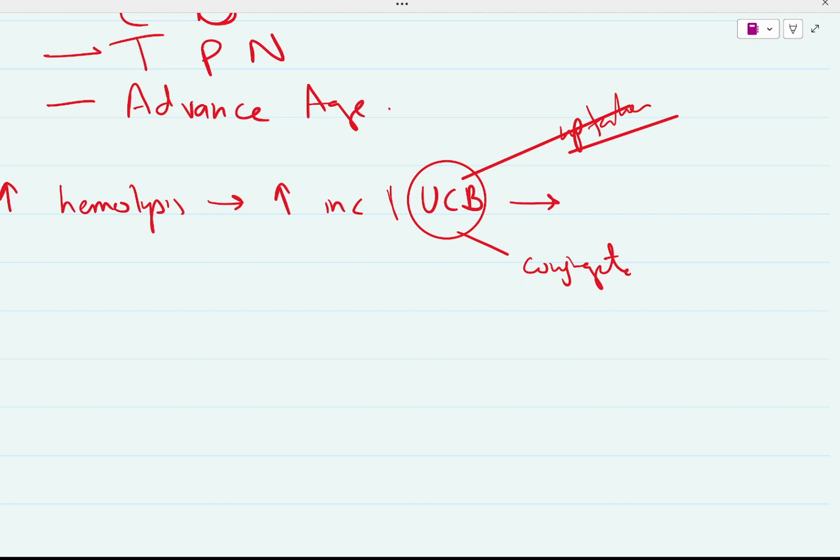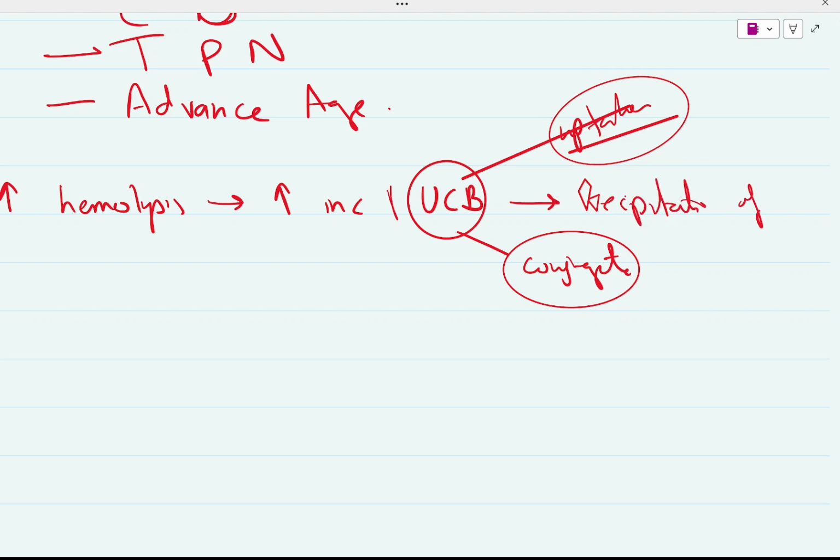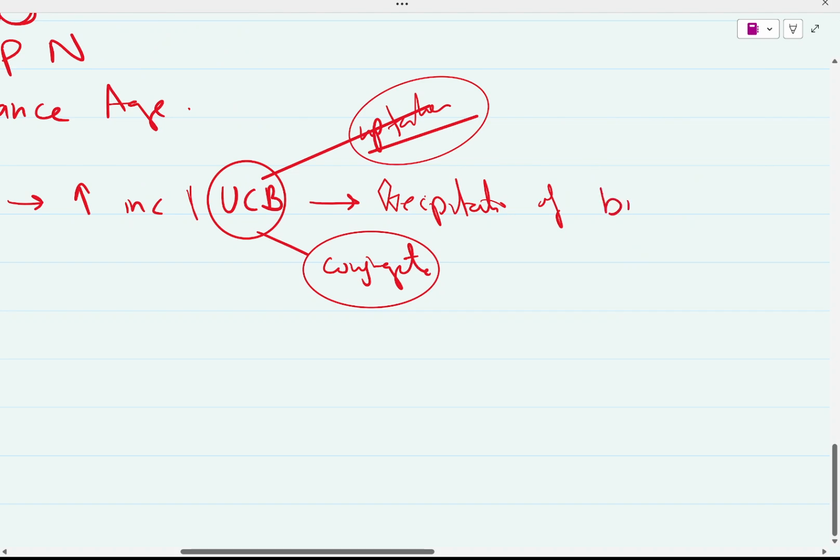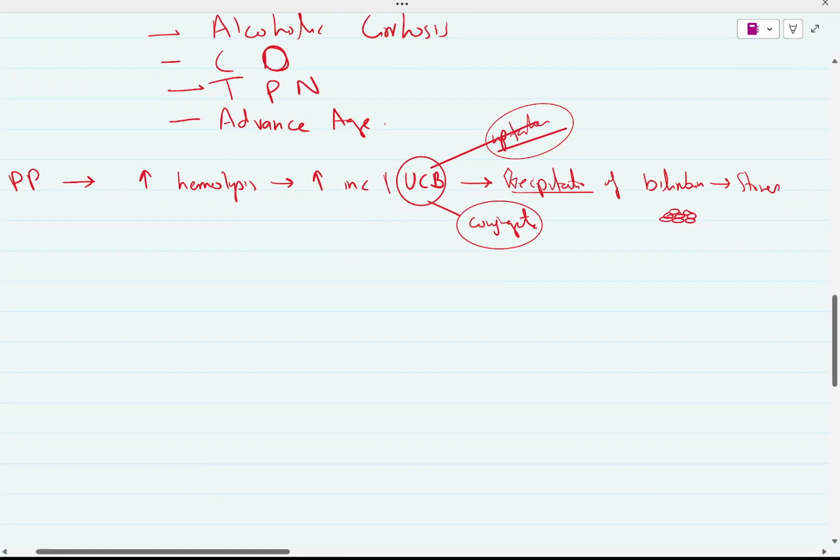So when these two mechanisms happen, it leads to precipitation of bilirubin polymers. When these precipitates form, they lead to formation of stones. So you got the pathophysiology behind black pigmented stone.